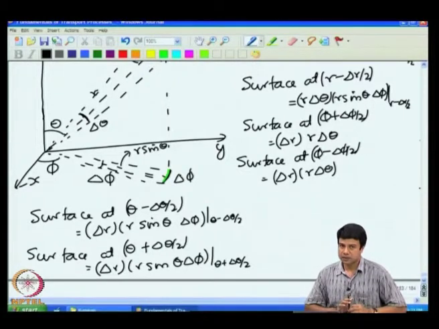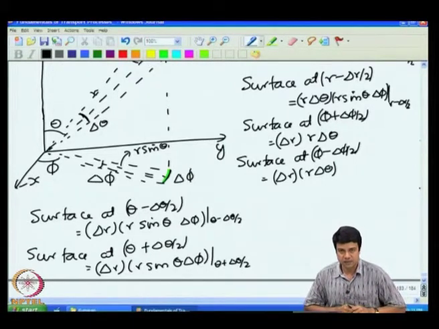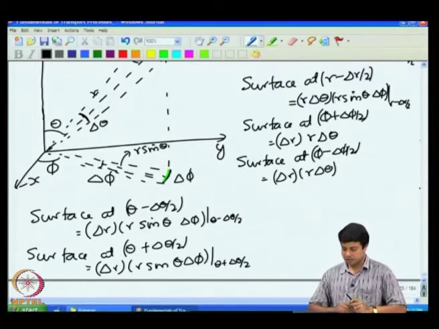We saw that when we did the cylindrical coordinate system earlier. Because of that, you get more complicated expressions for the balance equations than the simple expressions in the Cartesian coordinate system, where the surface areas delta x delta y, delta z and delta x delta z were all independent of position.